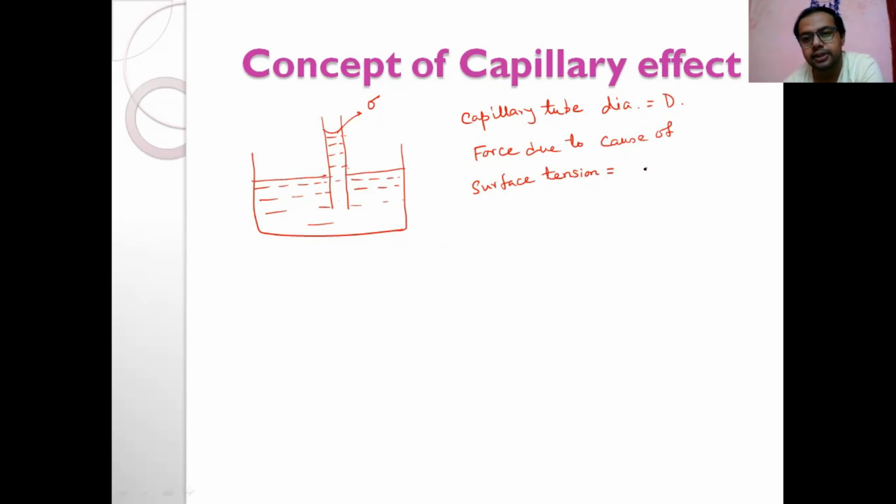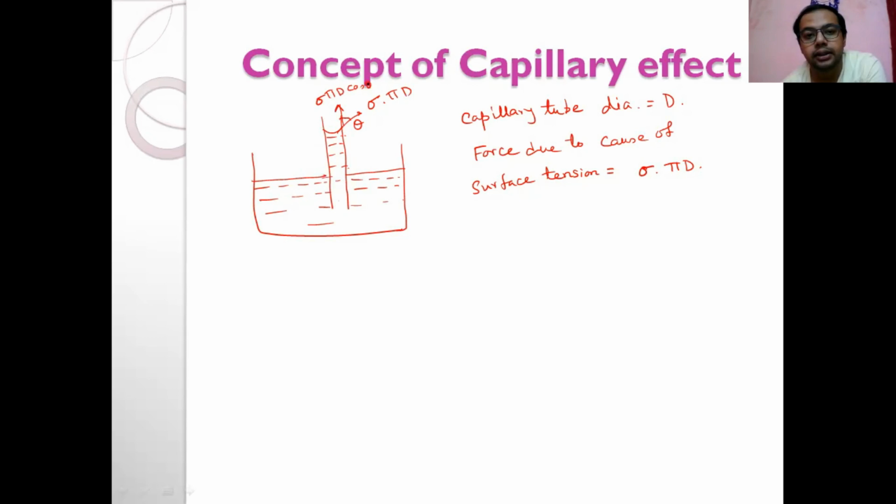Force due to the surface tension is sigma into the circumference. That is the force. So sigma into pi D is acting in this. This angle is the contact angle. And with this contact angle, there is a cos component of the force.